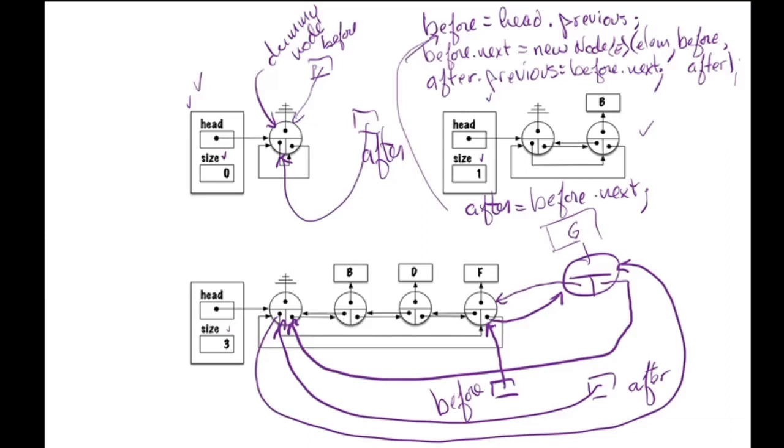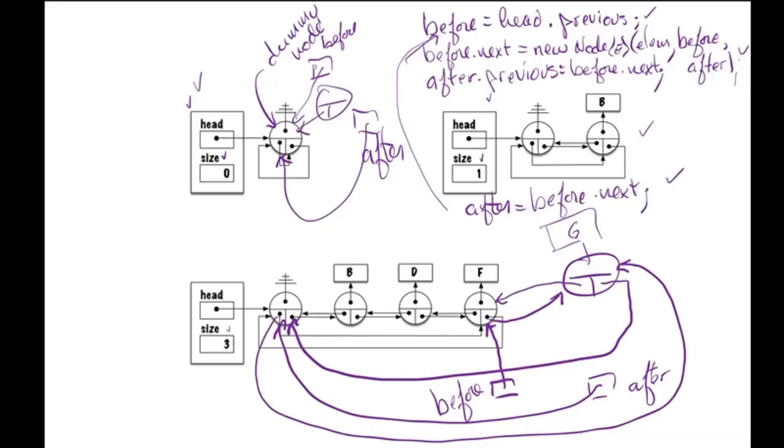Okay, so before equals head.previous. After equals before.next. We create the new node. So the new node is created. Previous will be pointing at where before is pointing, which is the dummy node.